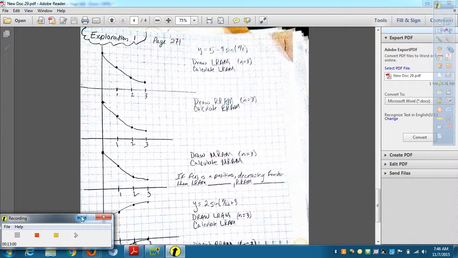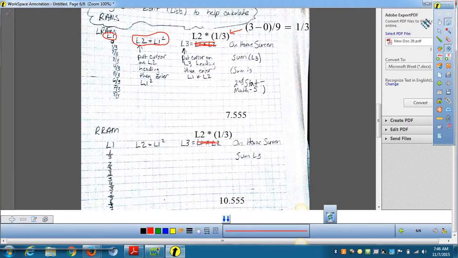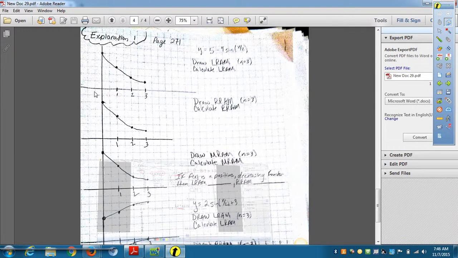All right. Finally, the last page of our note packet was an exploration. And I assigned this as a lab due Monday. The exploration is rectangular approximations. This time, we only have 3 subintervals.